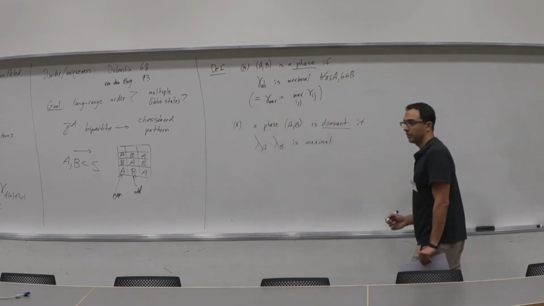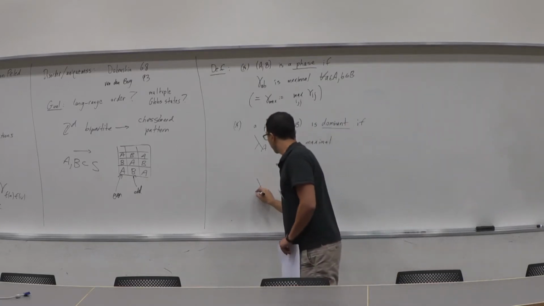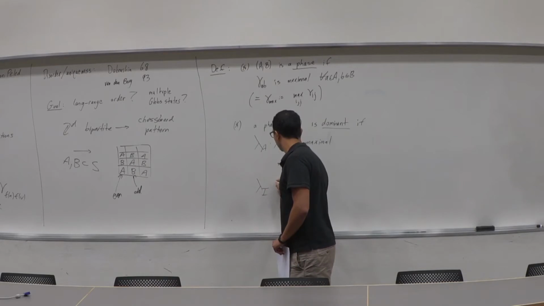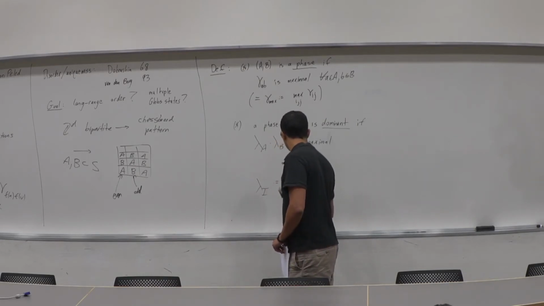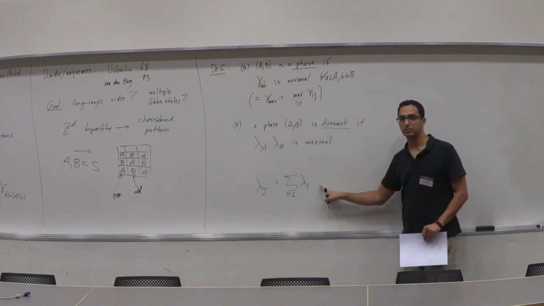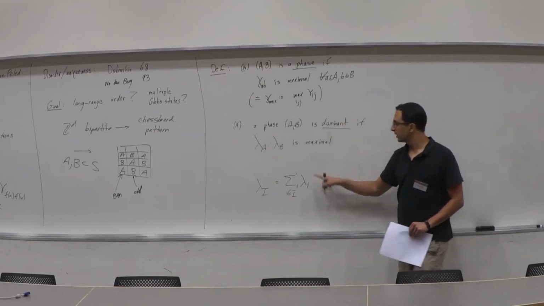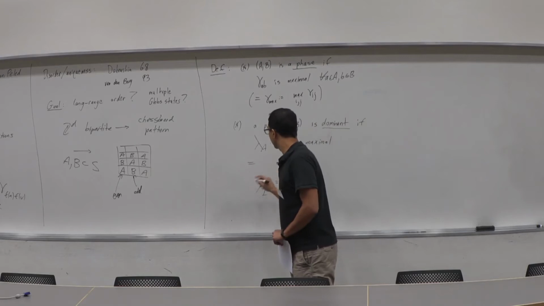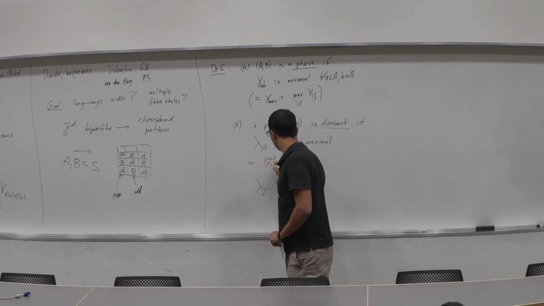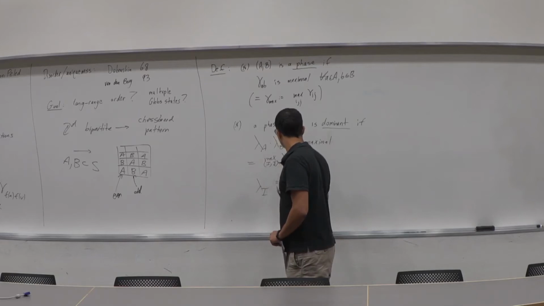So what are lambda_A and lambda_B? For a subset of S, I define lambda to be the sum over these single-site weights. And then maximal means the maximal possible product over all phases.